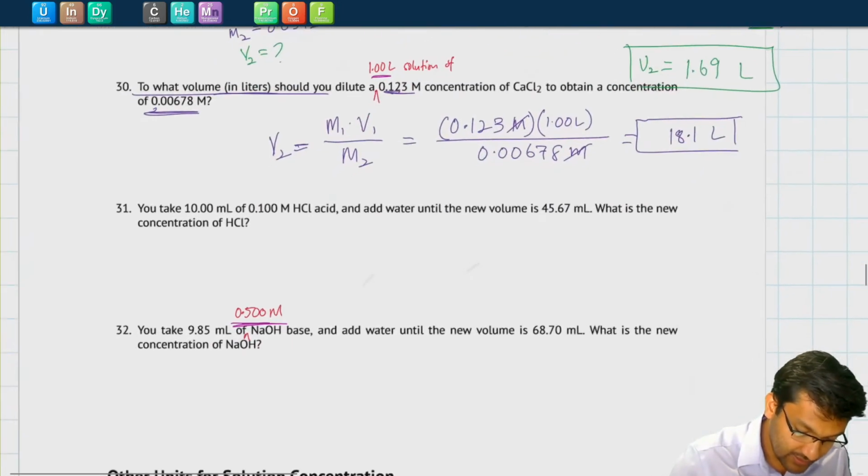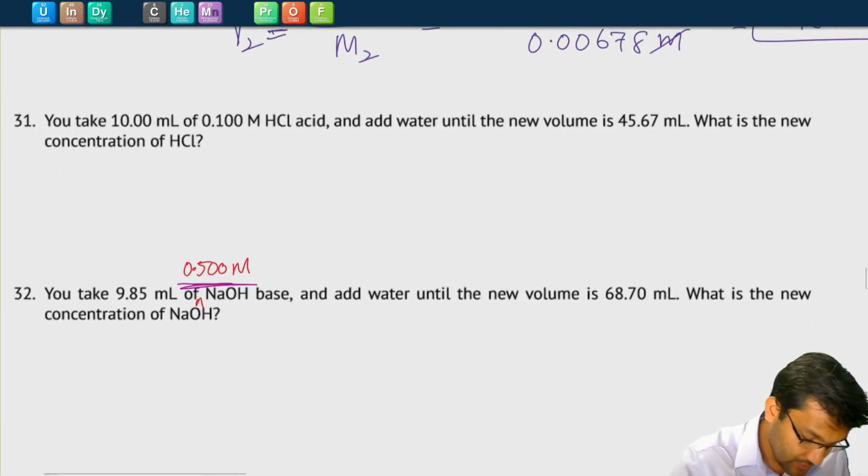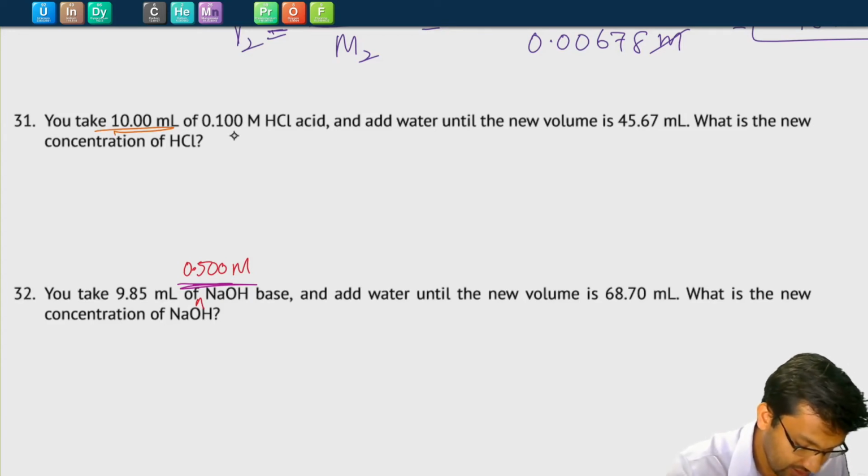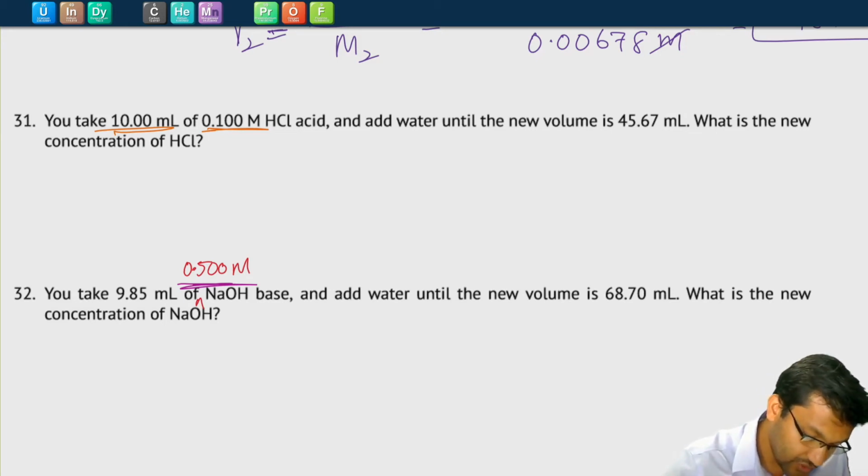All right, let's look at number 31. In 31, our initial volume, V1, is 10.00 milliliters, and our initial concentration is 0.100 molars. And here, we're asked to find M2 because we have V2 as well. So this is V1, M1, and this is V2.